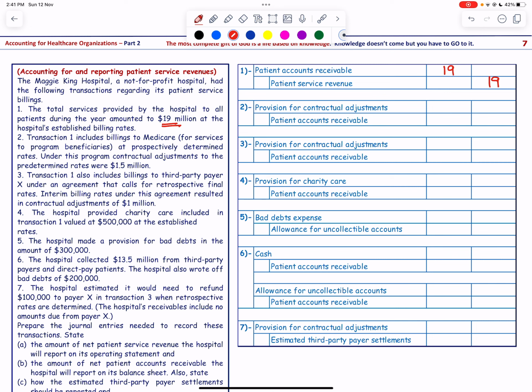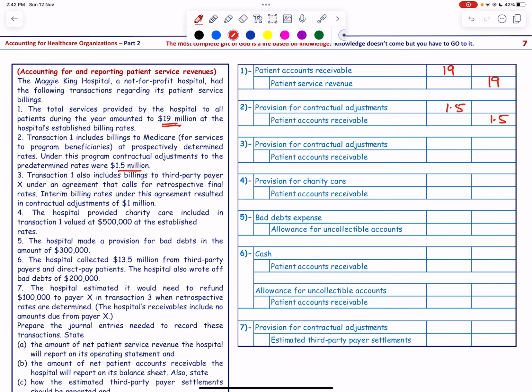Then transaction 1 includes billing to Medicare for services to program beneficiaries at prospectively determined rates. Under this program, contractual adjustments to the predetermined rate were 1.5 million. So once again, we have provision for contractual adjustment debit by 1.5 million, and patient account receivable is credited by 1.5 million. Then we go to number 3.